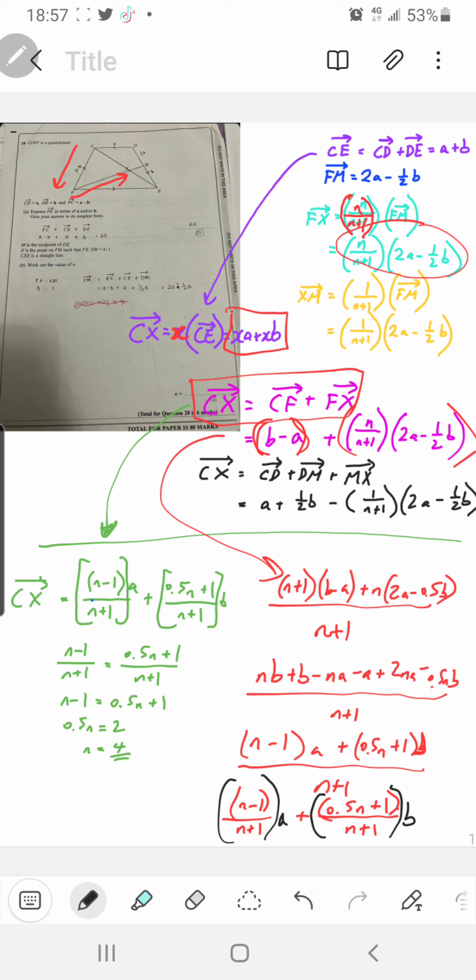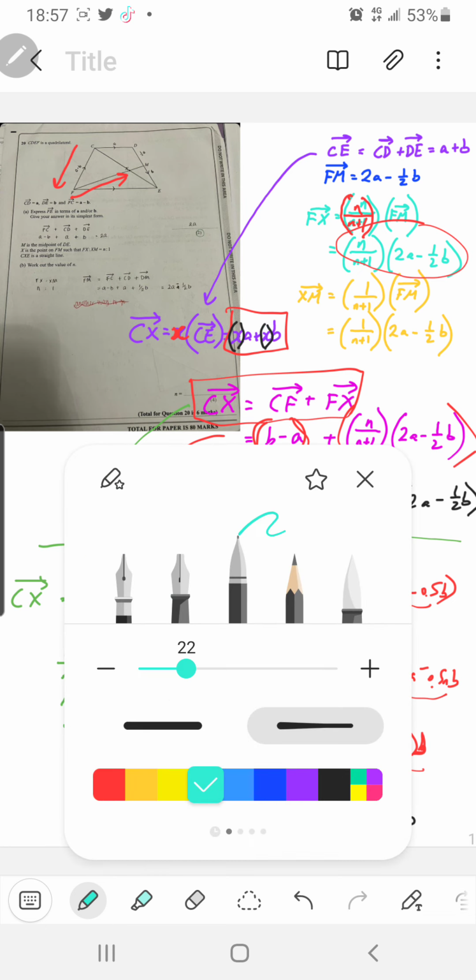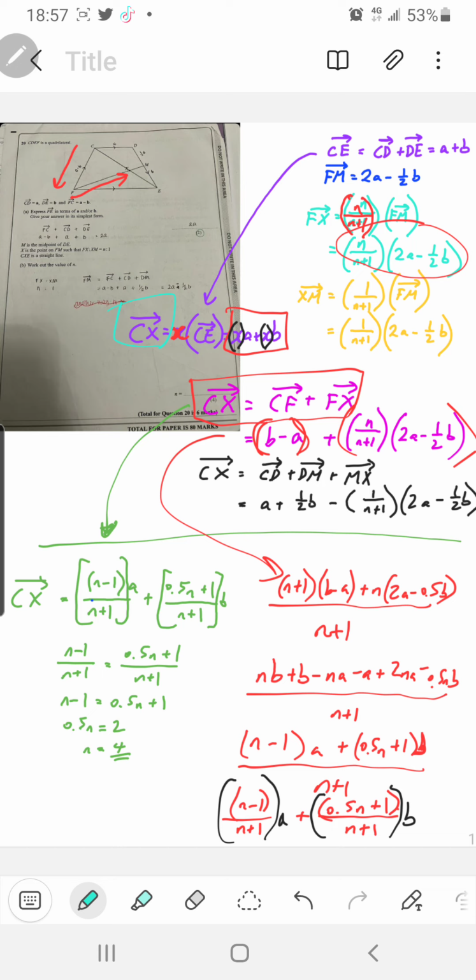So if you look at the other X, we had the coefficient of A and the coefficient of B. If you notice, this is also for CX, and this is also for CX, this expression. So that means my X, I'm gonna erase this bit.